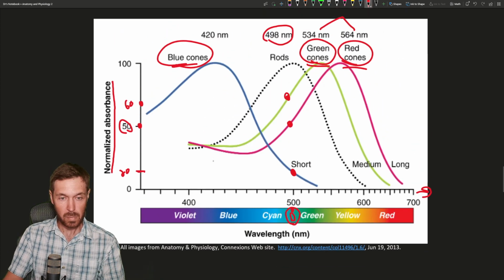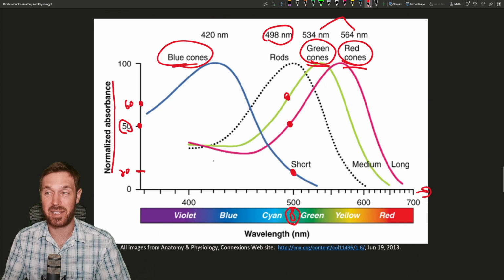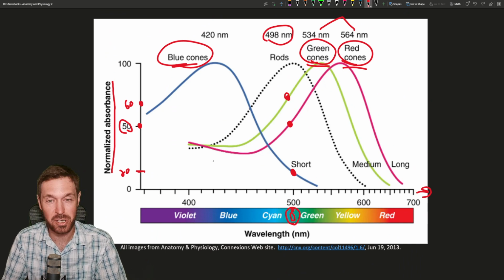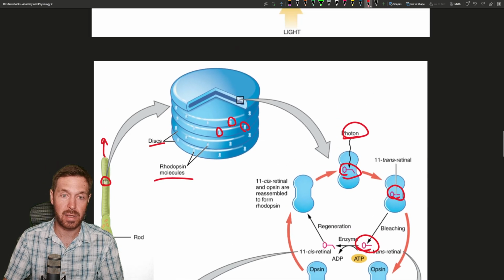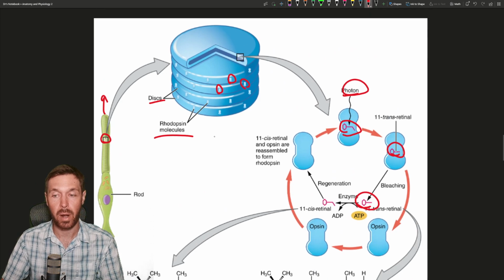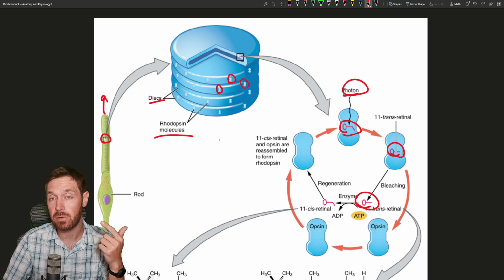So that's vision, and that's vision in as simple terms as I can make it. It's complex. But the idea is that we take this wavelength of light and we convert it to electrical energy. When it activates these photoreceptors, it converts it to an action potential, which can then go back through our neurons, through our optic nerve, to our brain and form an image.